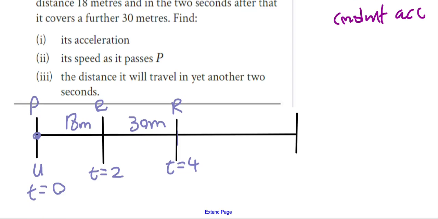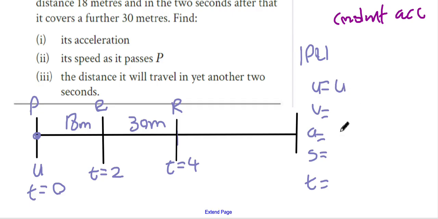Okay, now what you're never ever ever to do is this. I'll show you what you're never ever to do, right? So I'm going to do PQ and I'm going to UVAST it. U, V, A, S, T. What happens when you UVAST it? What's U? It's u. V? We don't know. A is the goal of the question.